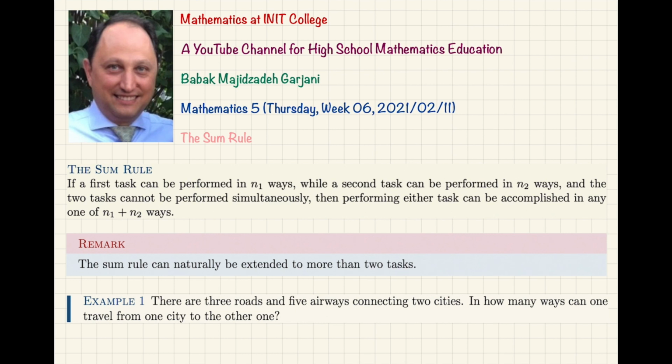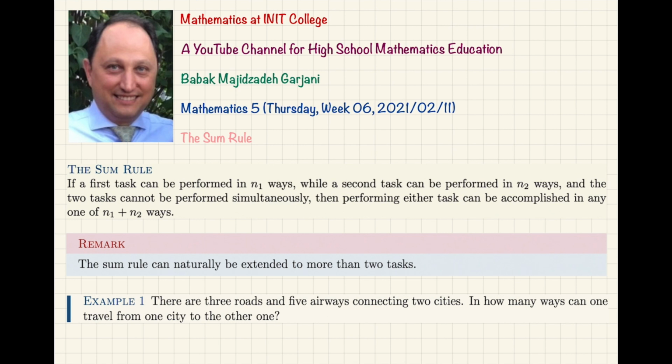So here we have a task. There are actually 2 tasks from the beginning. One task can be done in n1 different ways, the other task can be done in n2 different ways. Either of these tasks, not them simultaneously. According to this condition, they cannot occur simultaneously.